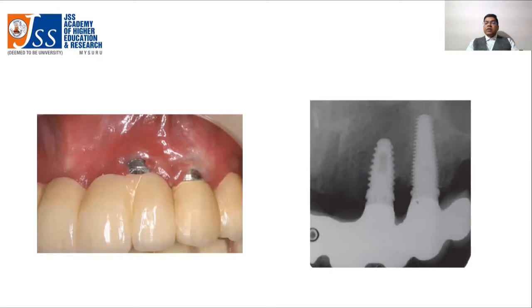The relationship between bone and soft tissue ultimately defines the final aesthetic result. The three-dimensional relationship between implant and surrounding bone determines the soft tissue contours and interdental papilla. In this picture, we can see there is discrepancy of labial bone. That's why the soft tissue is also deficient in this region.